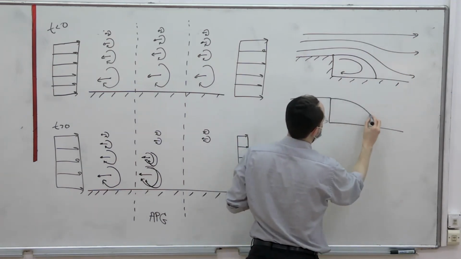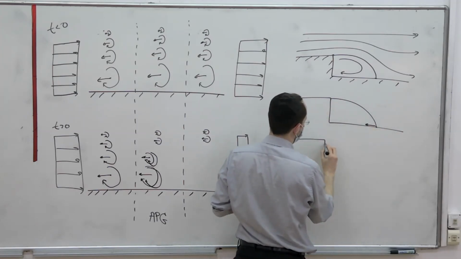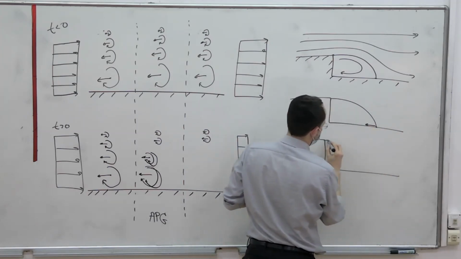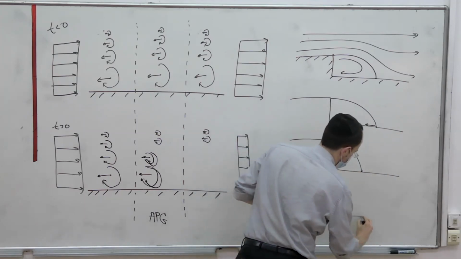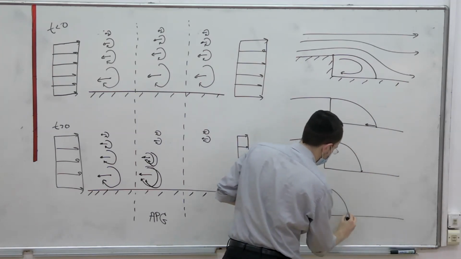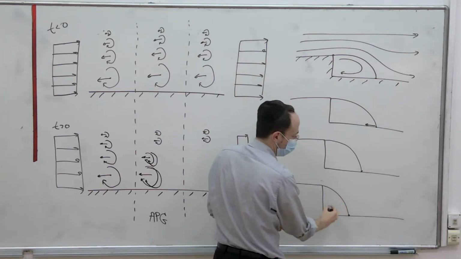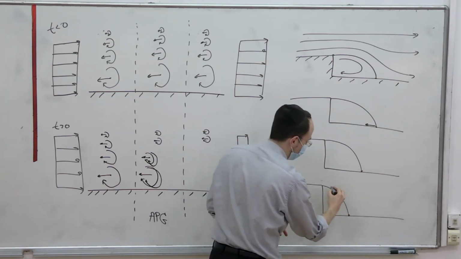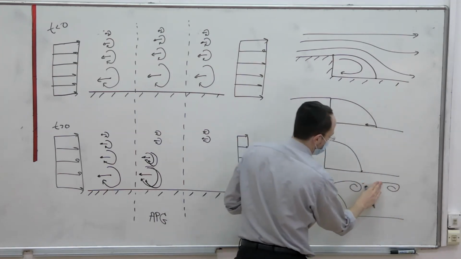So what you would have is a process by which you start with a separation like this, and then this separation point moves forward, then it moves forward some more. And at this point, when it moves forward so much, the vorticity that's in here is so intense that you end up releasing a vortex, right? I'll just draw one of them.